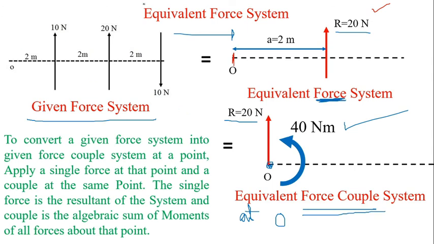So a given force system can be converted into an equivalent force system, or into an equivalent force couple system at a point. So this is all about the equivalent force system.